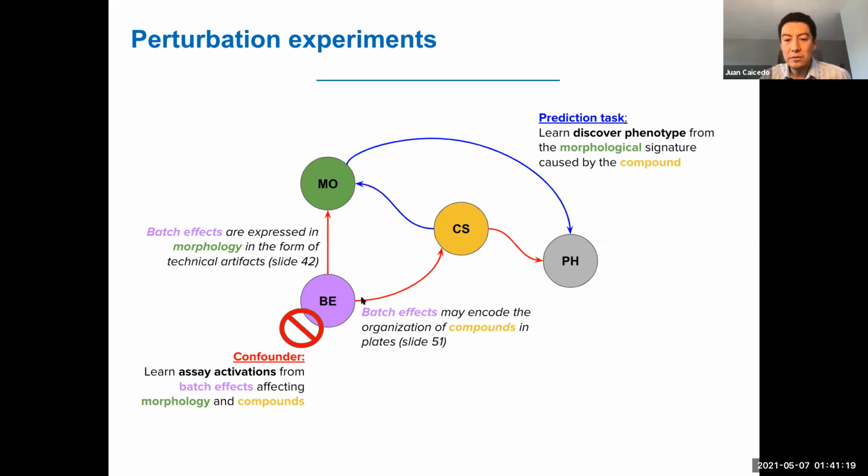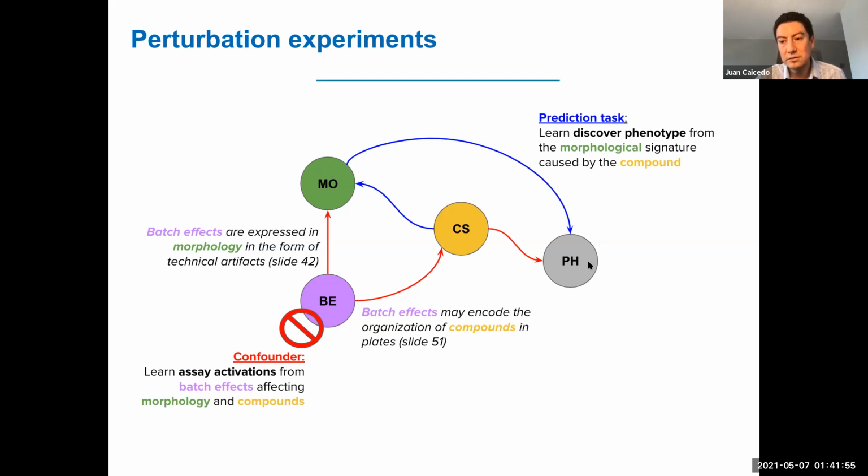But those compounds are usually organized in batches, like plates, and the batch makes an effect on the morphology as well. So if it's in the morning, maybe the cells are going to be happier. If it's during the night, they're going to be sad. Or if this is another person making the experiment, some microscopy perturbations. At the end of the day, this is very sensitive cell biology models. So any type of minimal perturbation in the batches is going to make an effect here.